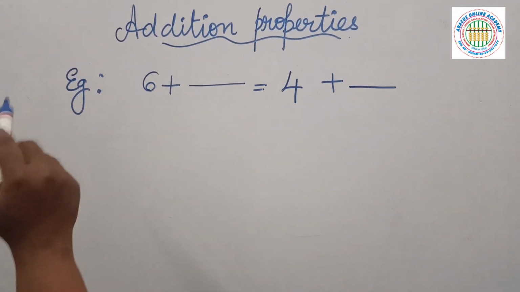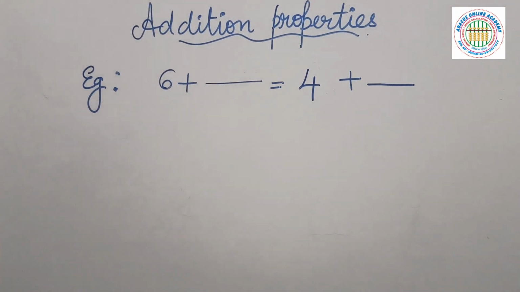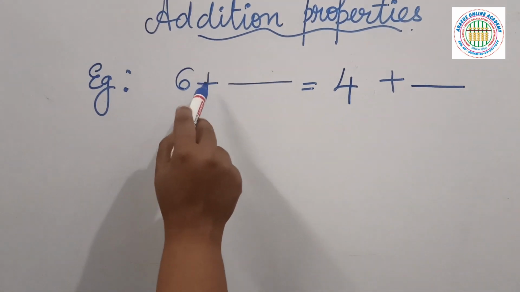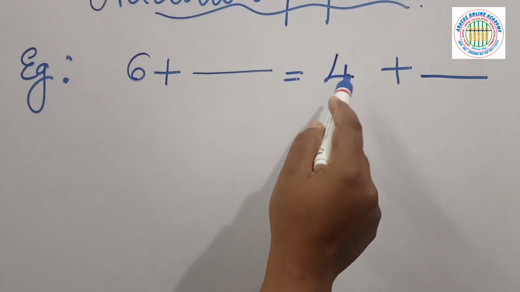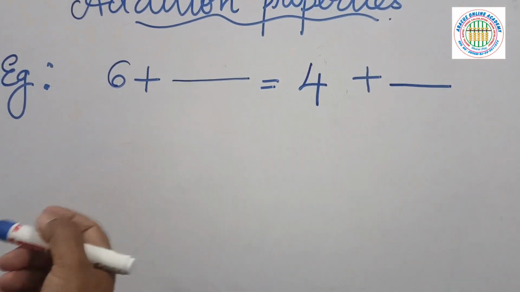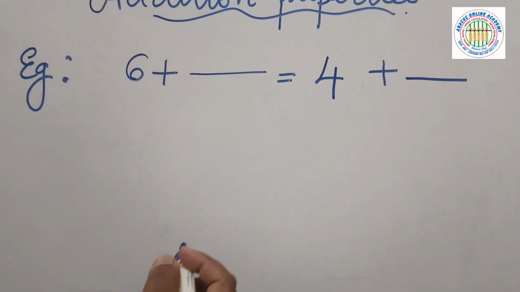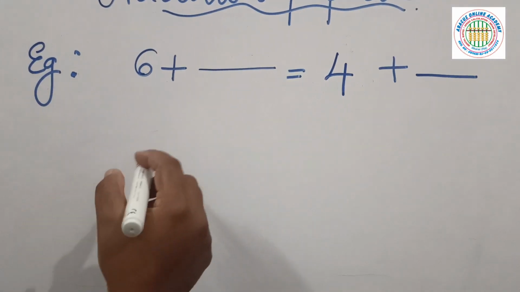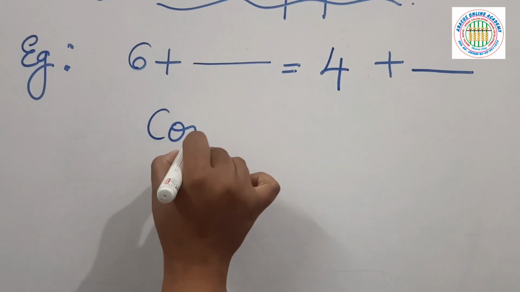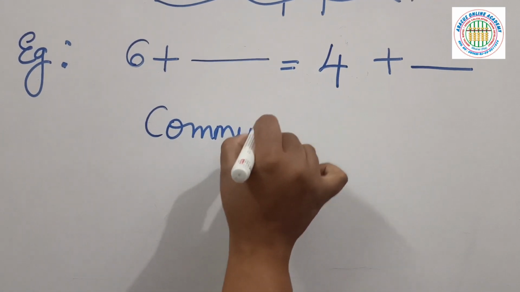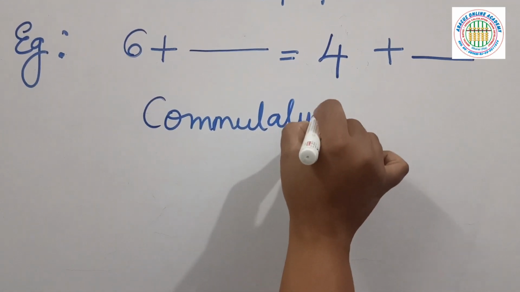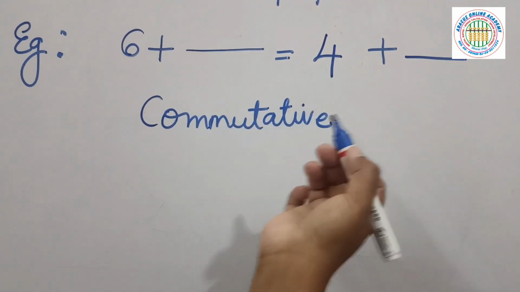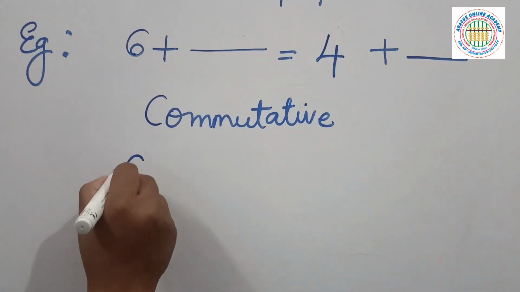Addition properties, and I'm giving you a question for this. Okay, so for example, 6 plus dash is equal to 4 plus dash. Now what property is this? Is it commutative property or associative? This is commutative. Okay, so what is the commutative property?